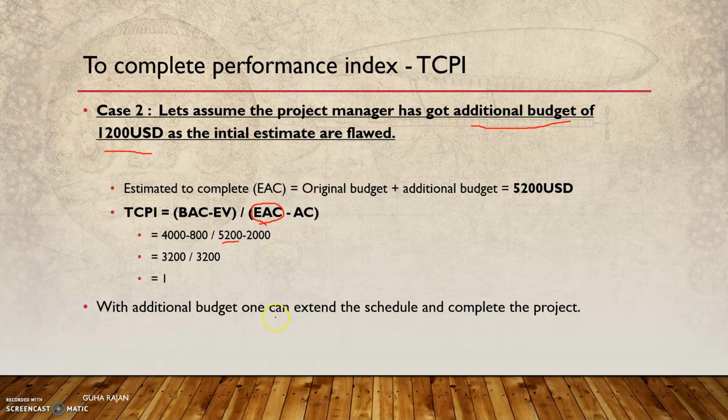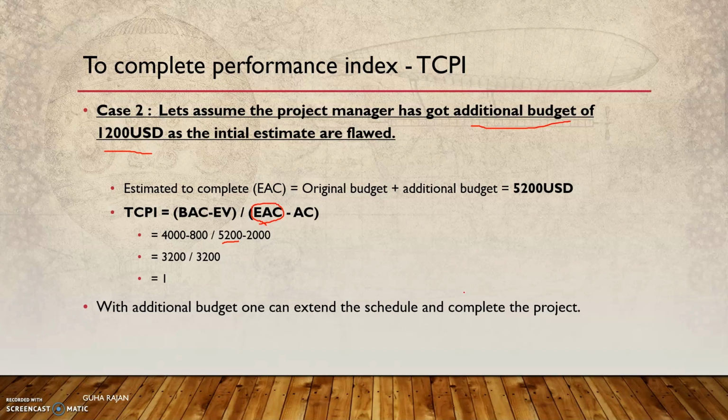So if you do that, then the schedule itself is getting extended. Say, for example, you get about 3 days of additional extension and 1,200 USD has been offered. In that case, you can still complete the project instead of going behind your consultant or your contractors, putting pressure on them to complete the work.